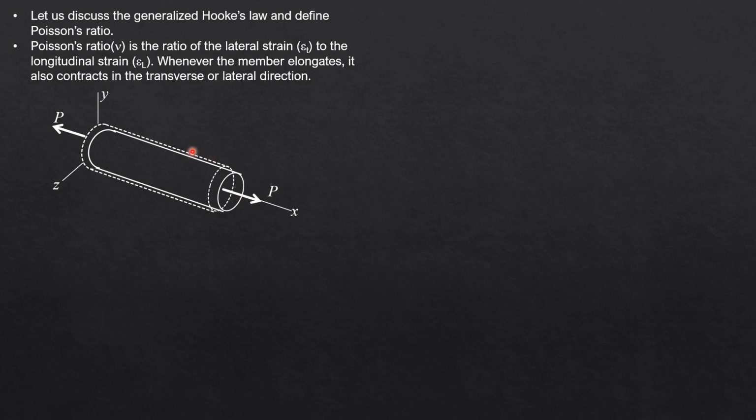This is the lateral strain, and the longitudinal strain will be along the x-axis. A negative sign precedes the ratio because the transverse or lateral strain will be negative, to make the Poisson's ratio positive. So that's the definition, equation 2.8, the mathematical expression for Poisson's ratio.